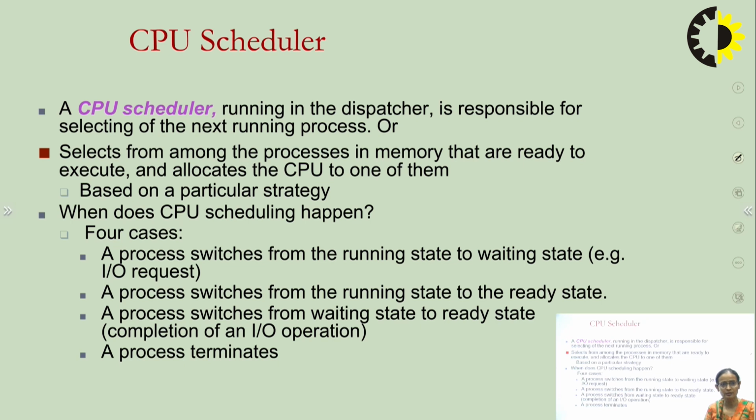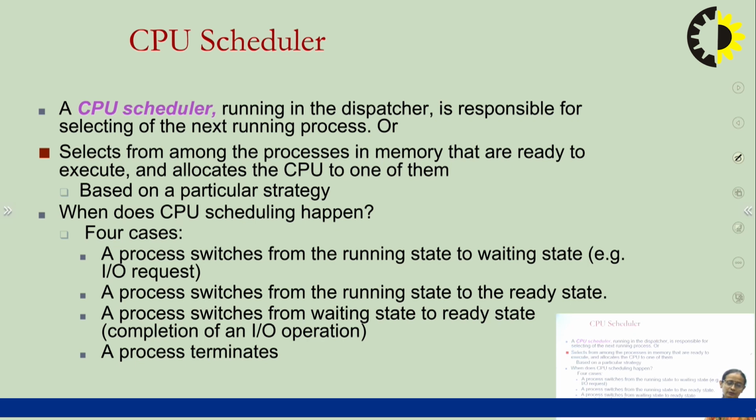Here, the processor is the resource. So the preemptive algorithms are those whose behavior is such that an already running process has to leave the processor, whether it is willing to leave or not.